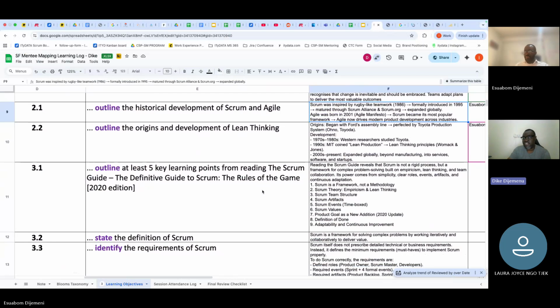It has how it wants to be structured, and even the team setting and the deliverable. Scrum is founded on the idea of lean thinking, and empiricism, just based on factual information.